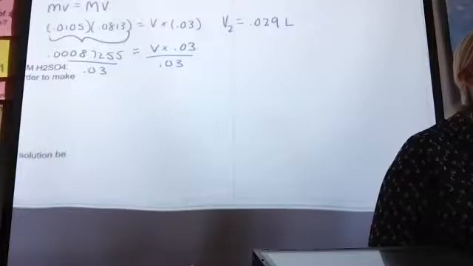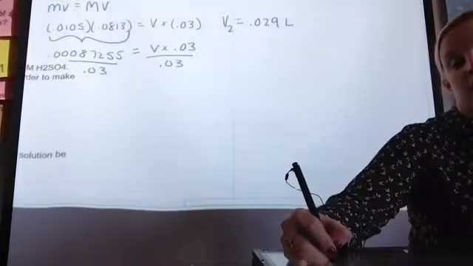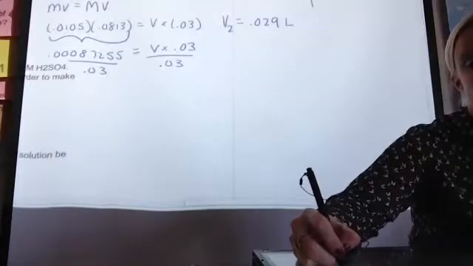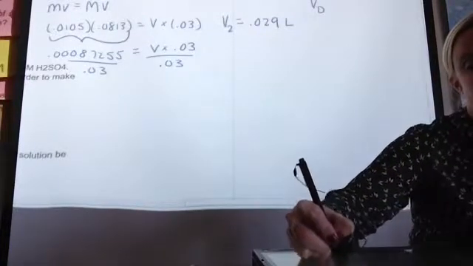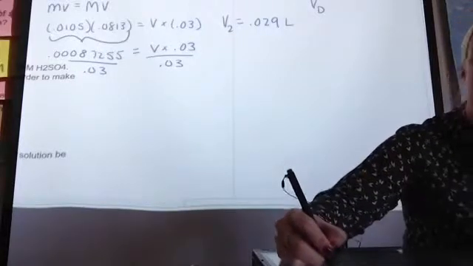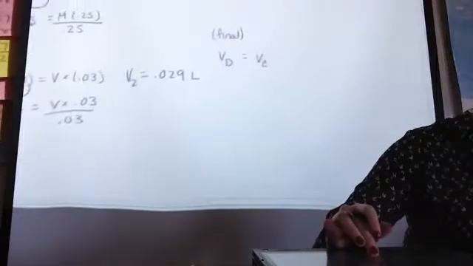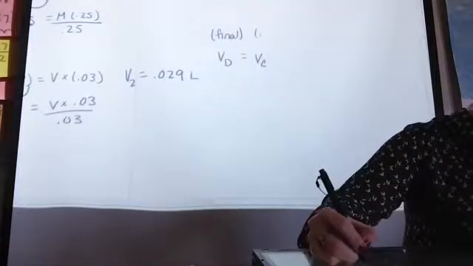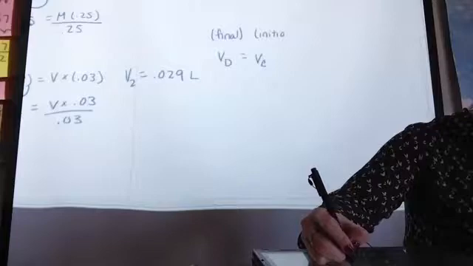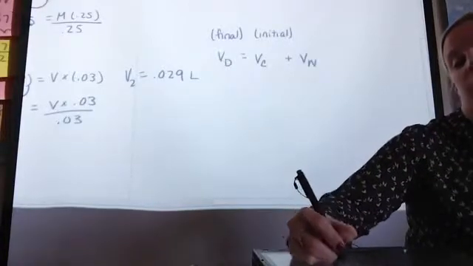Now I can find the volume of water. My volume of my diluted, which is also the final volume, is equal to the volume of the concentrated plus the volume of water.